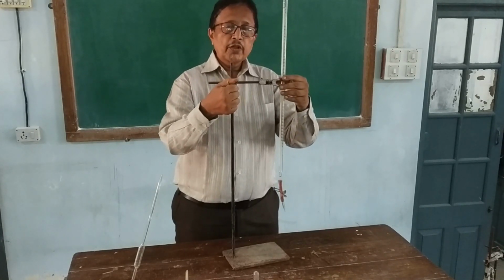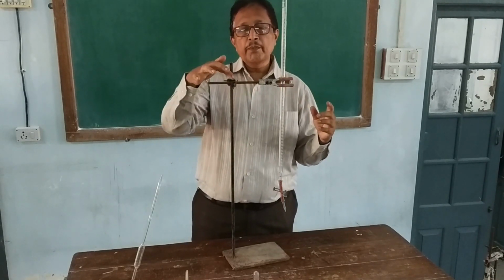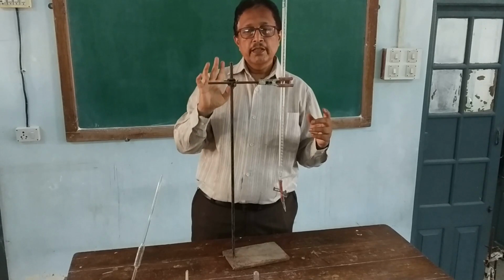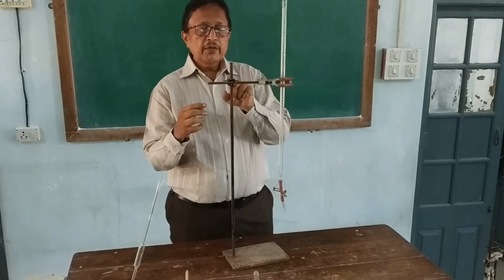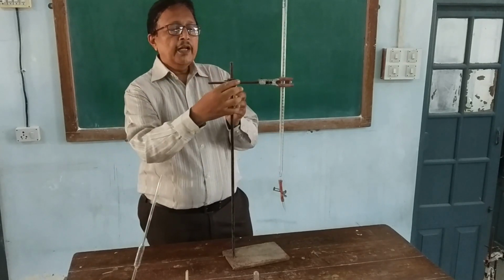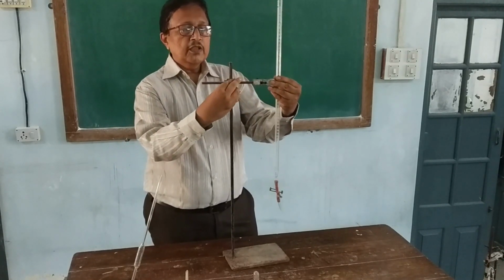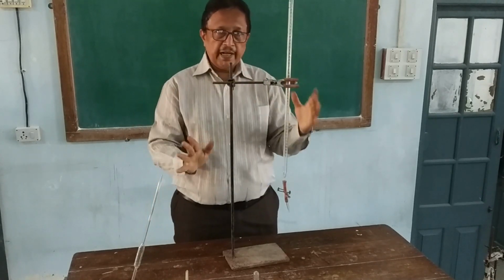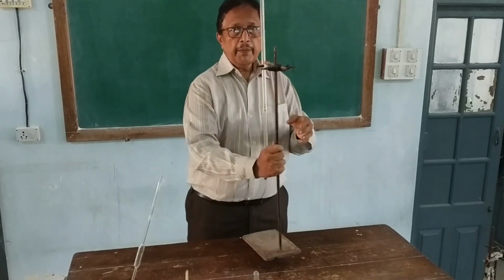So you have to know about all three knobs of this stand. First one is for the burette, second one is for up and down, and third one is for side way. So this is all about the stand. Now we are talking about the burette.